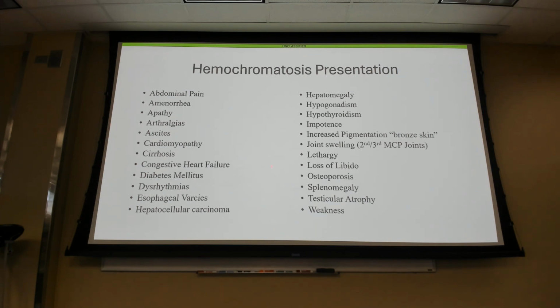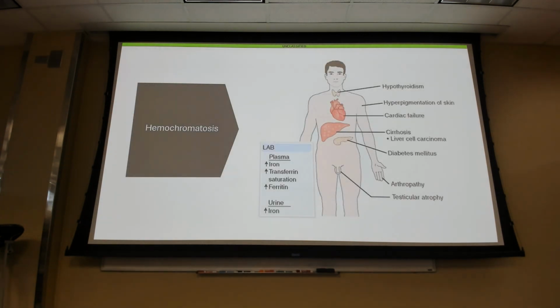Loss of libido, lethargy, testicular atrophy, weakness, hypothyroidism. You name it, nothing gets untouched here. That's kind of the layout. So hemochromatosis, an iron overload state.